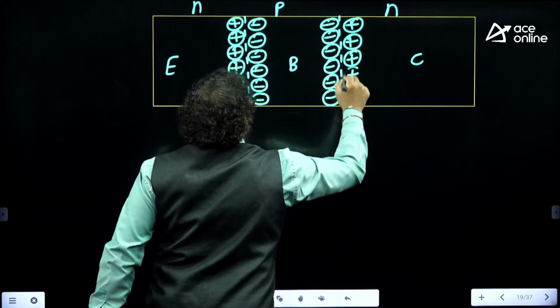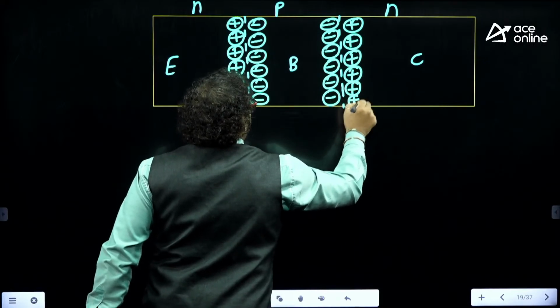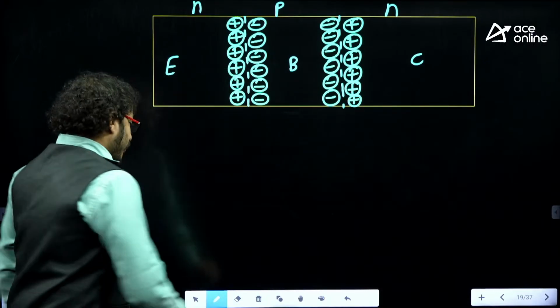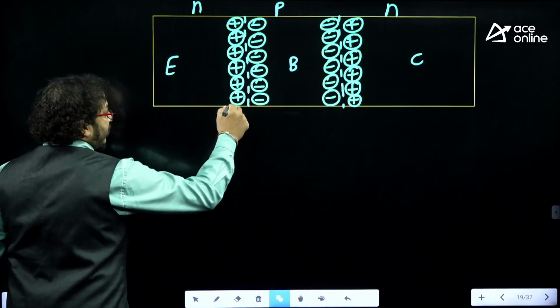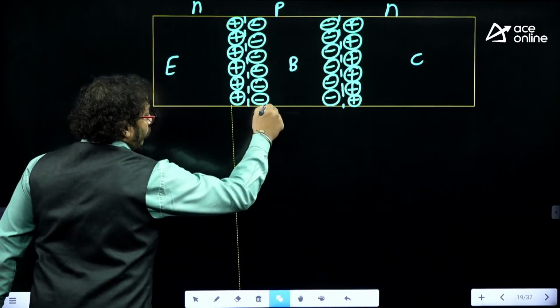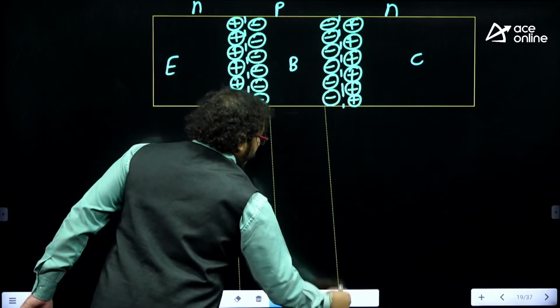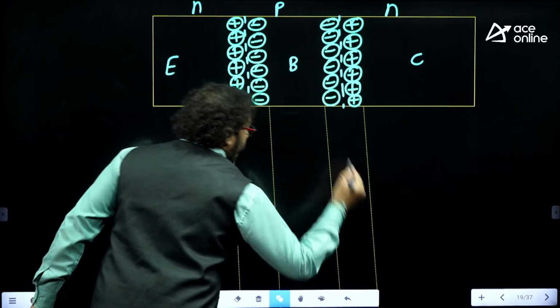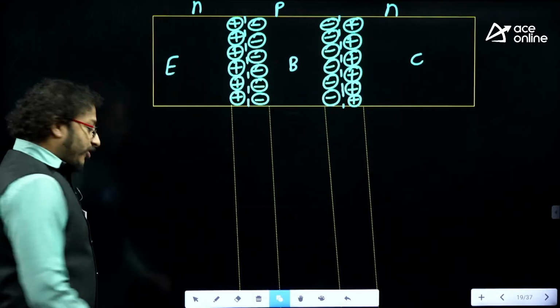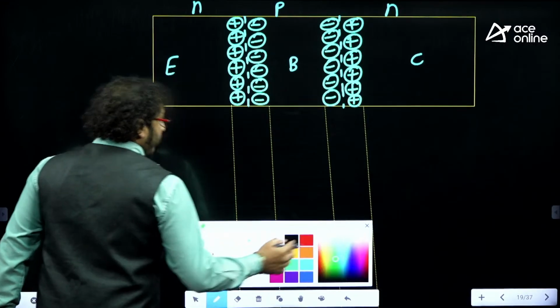See, try to save a lot of time, man. So here, this is the depletion width we have for the emitter junction, and this is the depletion width we have for the collector junction.